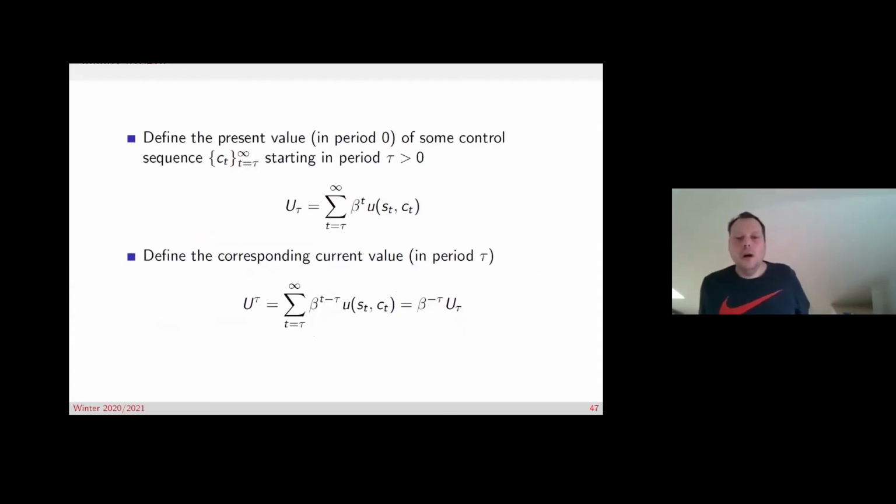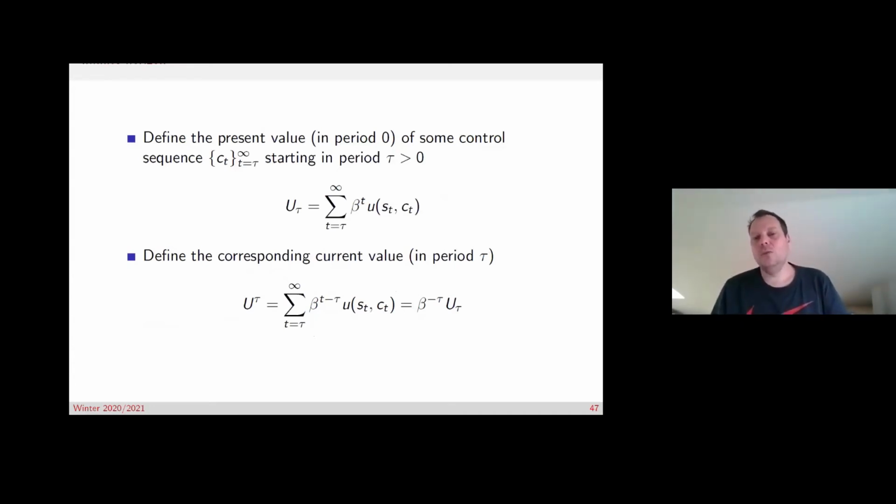So you basically consider two situations. You are in period 0, and you ask yourself, when I'm in period tau, what is then my objective?